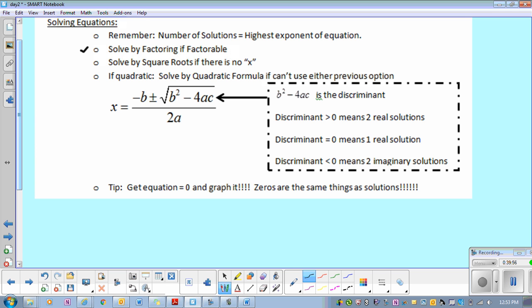You can use solving by factoring only if it's factorable. You can't always use that. You can solve by the square roots, but you can only do that if you don't have that bx term. And you can use the quadratic formula, which always works.